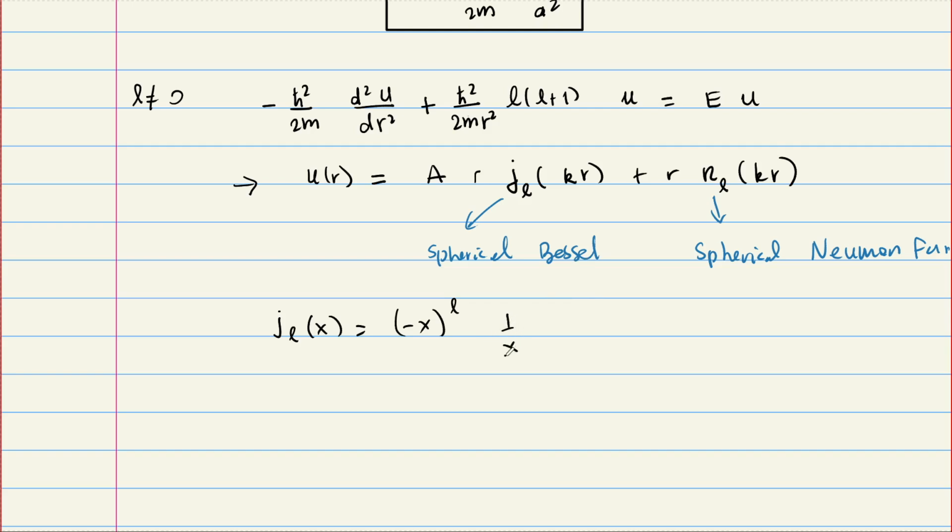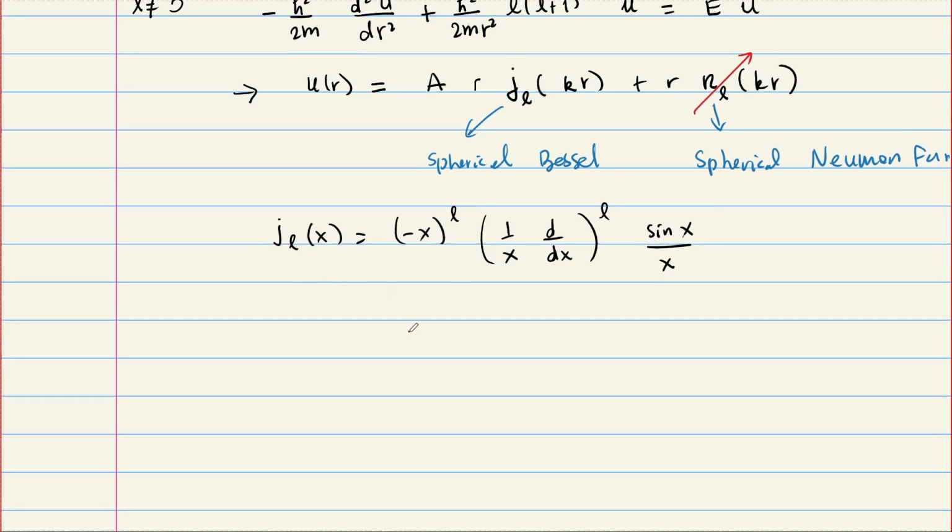So this is 1 over x d/dx to the power L of sine x over x, and this one blows up at the origin, so we can forget about the spherical Neumann function. It's not normalizable.